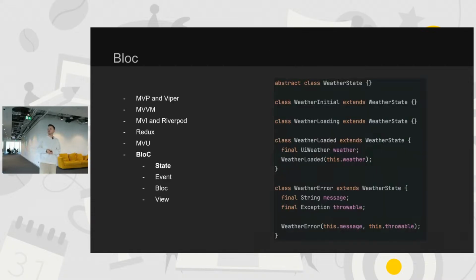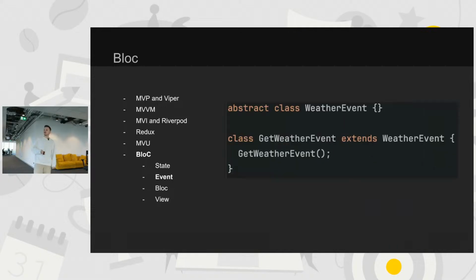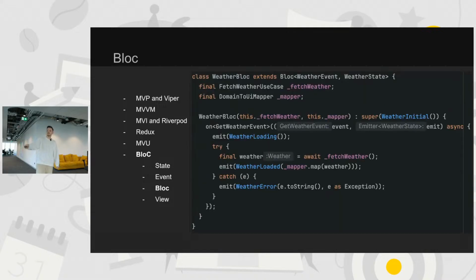Not actually much to say about the state, just the same states as we've already observed earlier. Here is the event. This event goes from the view only. I just have one, the get weather event, because I just need to get the weather.